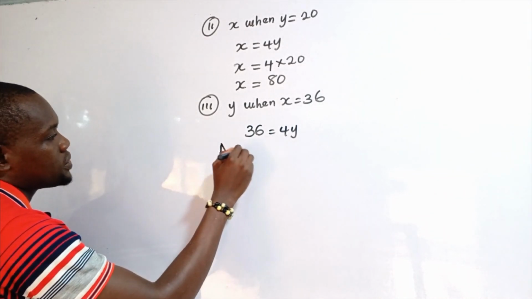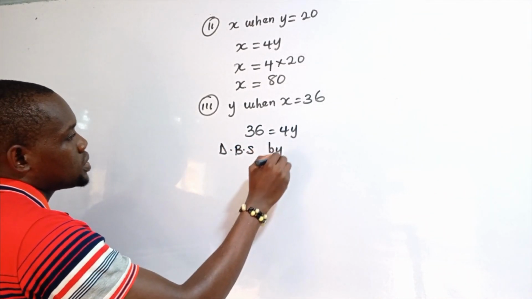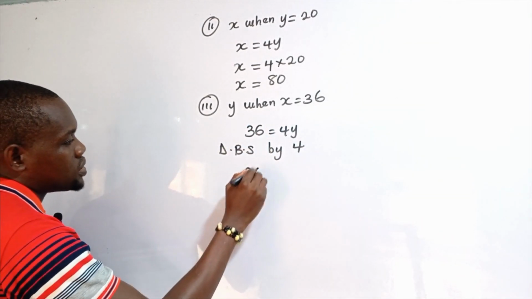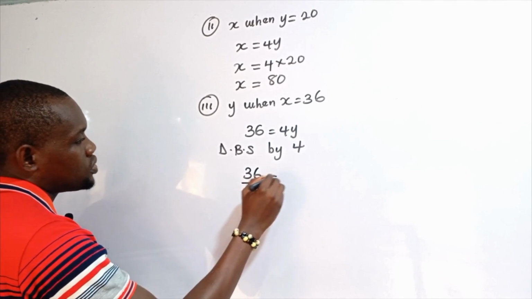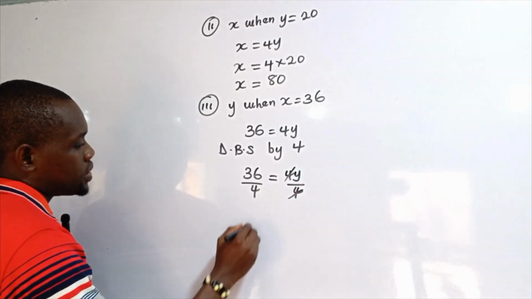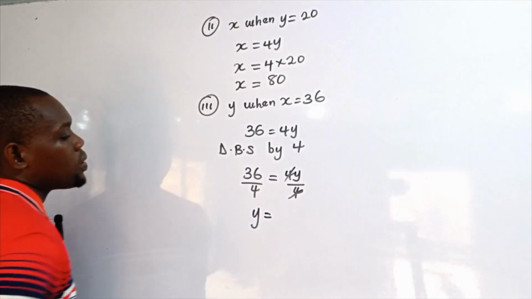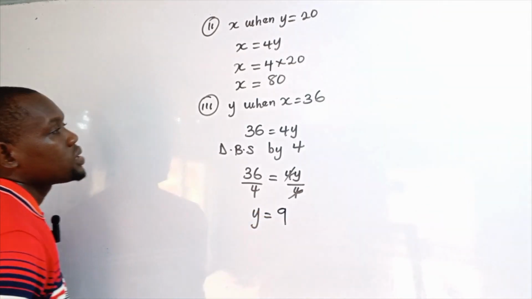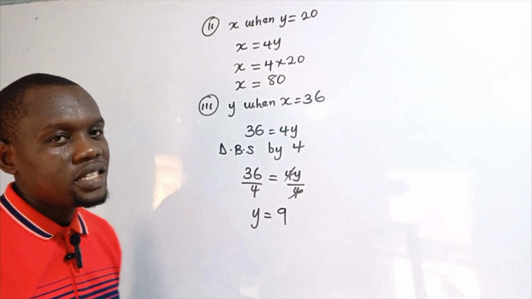We divide both sides by 4. So you have 36 over 4 is equal to 4y over 4. By the time we cancel, our y is going to give us 9.